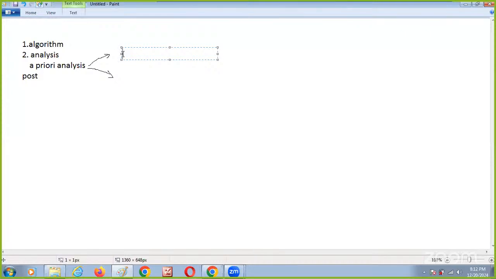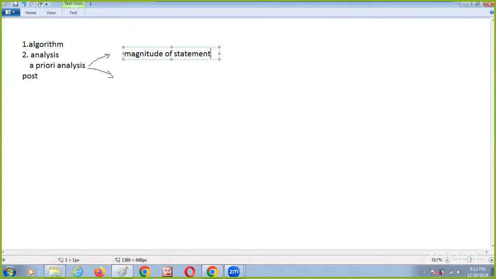A priori analysis is based on the magnitude of the statement.